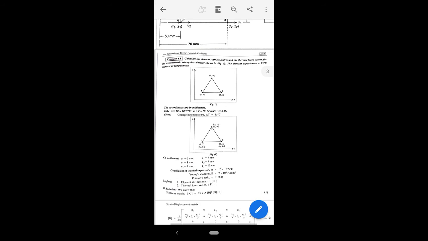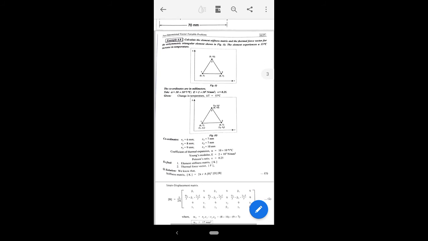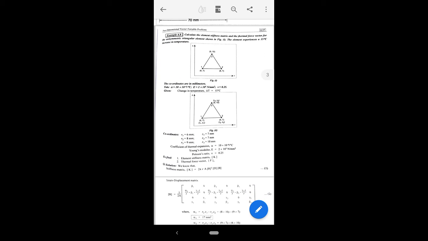Calculate the element stiffness matrix as well as the thermal force vector for the axisymmetric triangular element. It is a formula. We have the coordinate values. First you can find the element stiffness matrix. The stiffness matrix formula we already know: 2 pi R A B transpose D into B. We can find the B matrix. After that you find B transpose and then the D matrix.